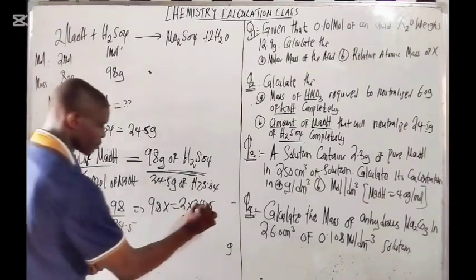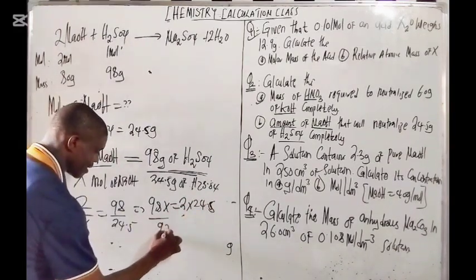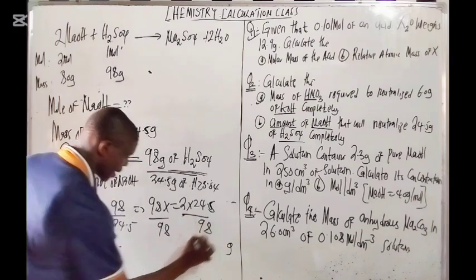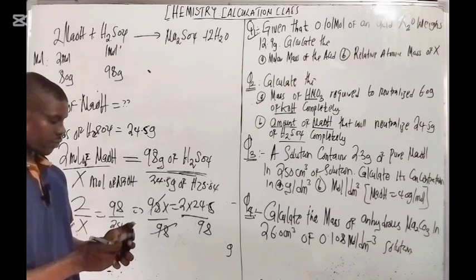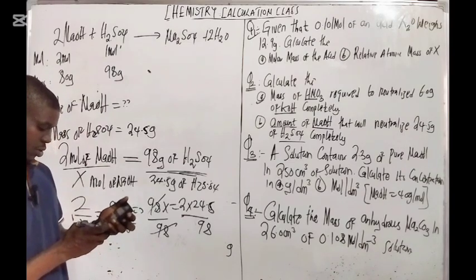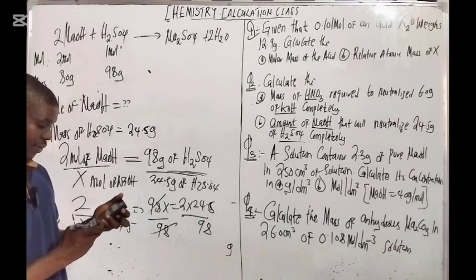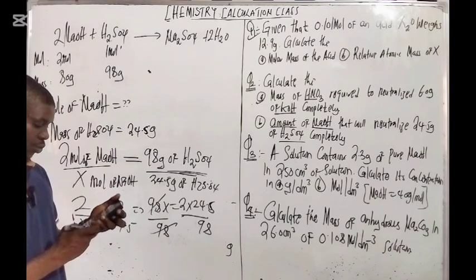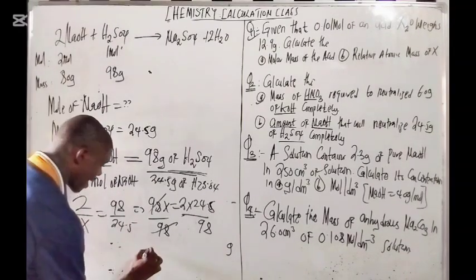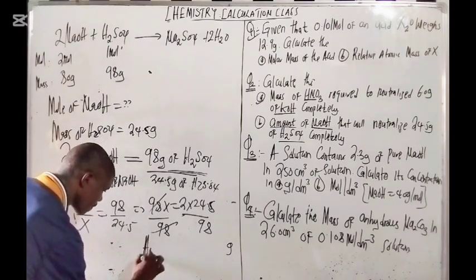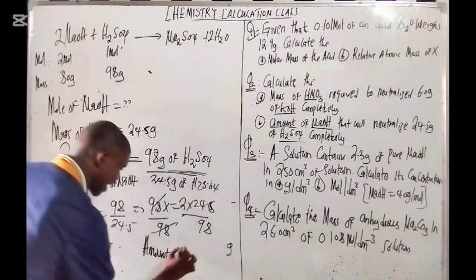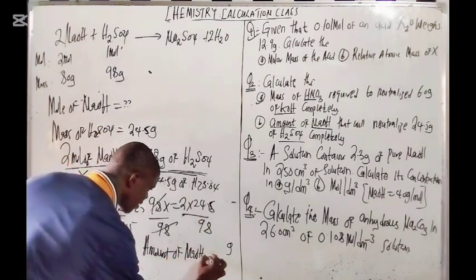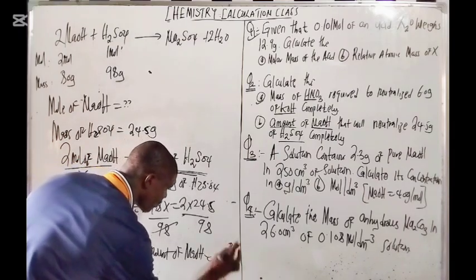Divide both sides by 98. So 2 times 24.5 divided by 98 gives 0.5. So my amount of NaOH needed to neutralize the reaction is 0.5 mole.